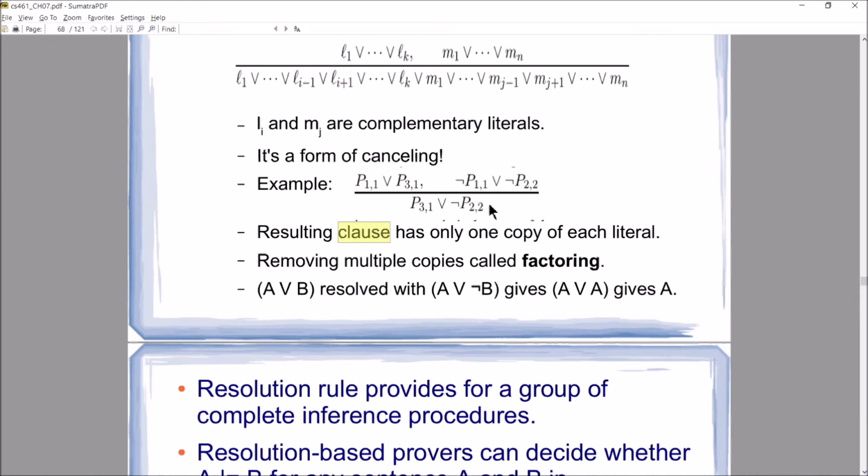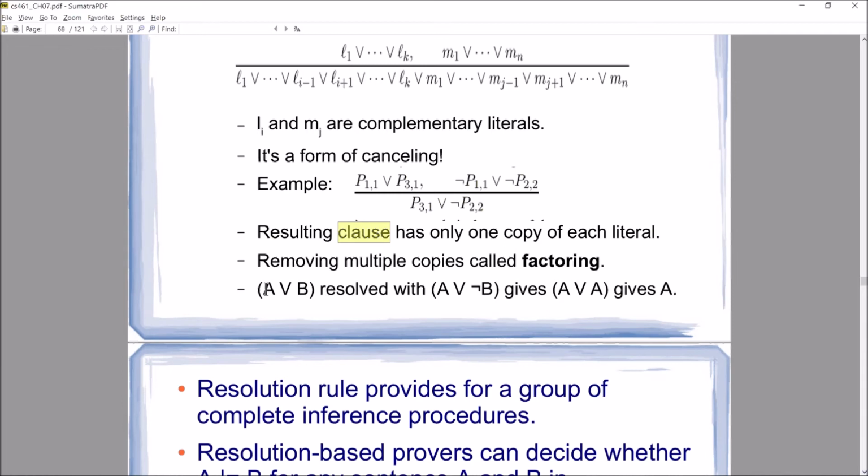And you should only have one copy of each literal, right? So if you have duplicates, then you're going to remove those multiple copies, and that's perfectly valid, it's perfectly legal. You're not going to break any of the logical equivalency. The logic's not going to break. And so removing those duplicates, that's called factoring.